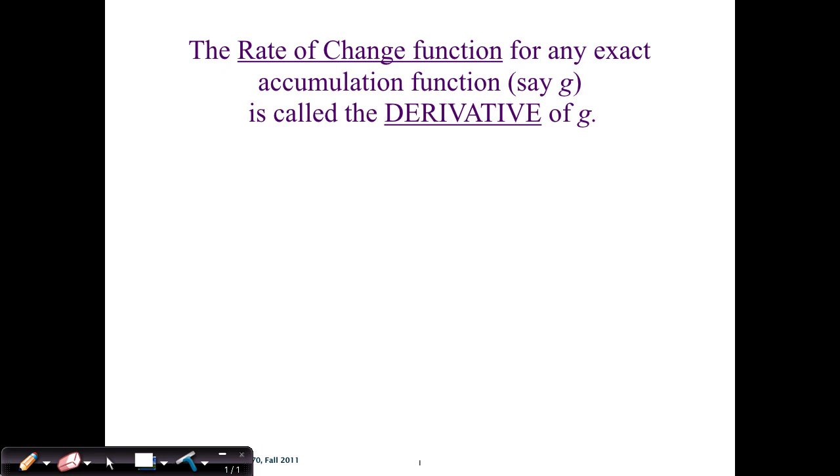Now, just as a note, I think I mentioned this, but wanted to just have this set out there. The rate of change function for any exact accumulation function, or any function really, you can think of it as being an exact accumulation for something or another. But a rate of change function for a given function, if I call that g, is called the derivative of g.